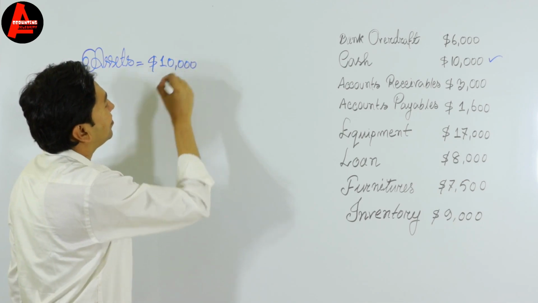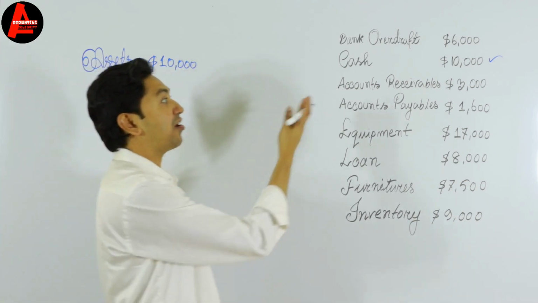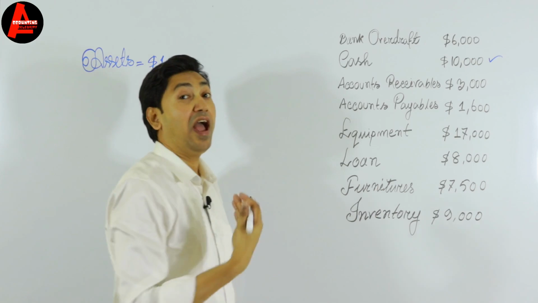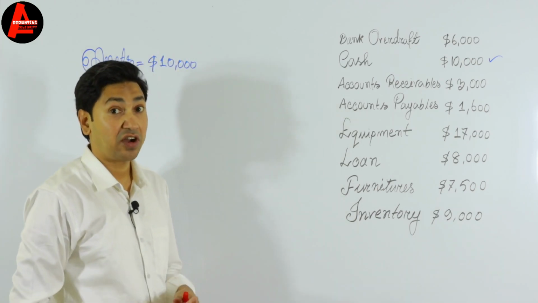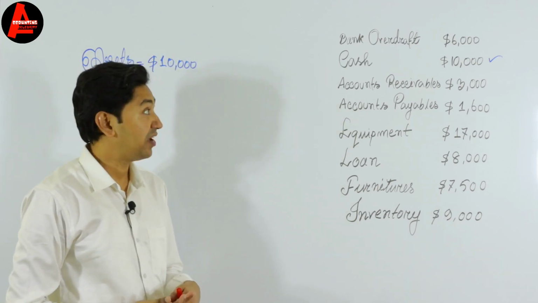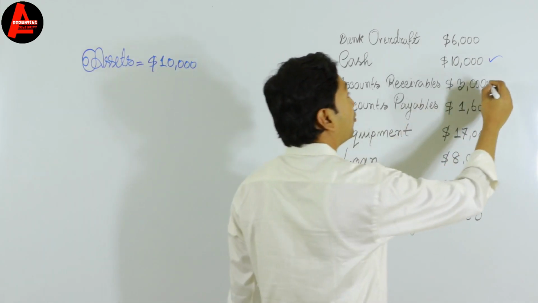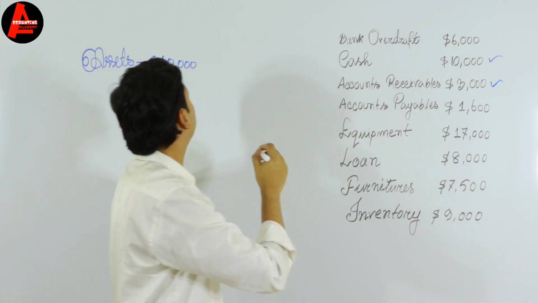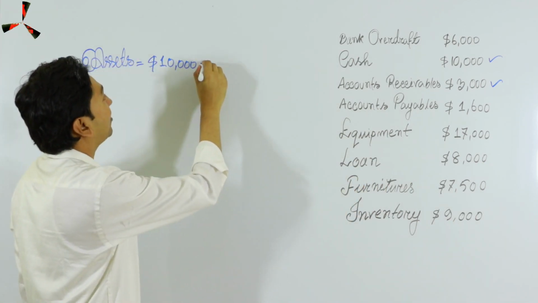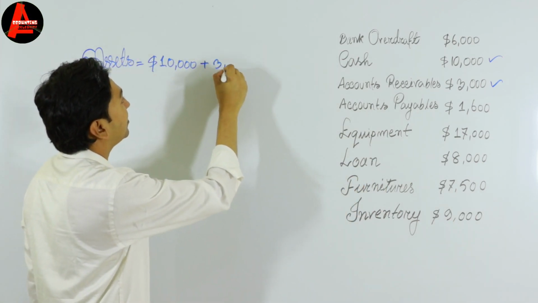Then we have here accounts receivable. Accounts receivable is also called trade receivables, same thing, all debtors. So here it is $3,000. So we'll add this $3,000 here.